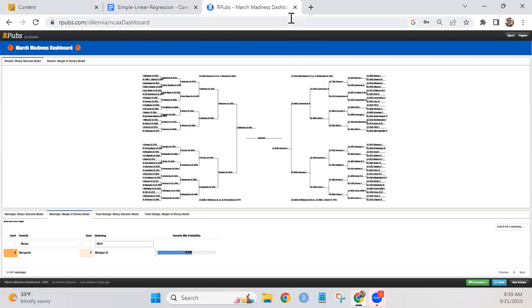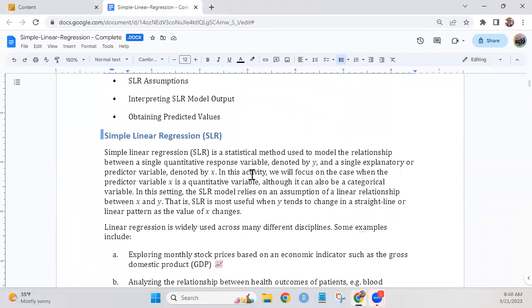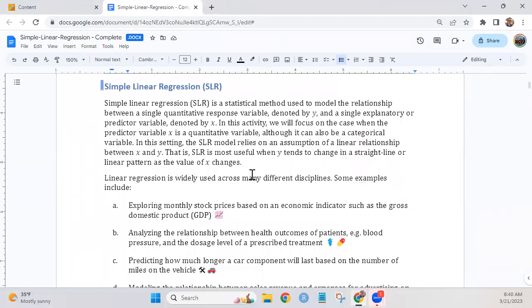That's one fun example of how you can use linear regression or predictive modeling. But of course, there are many other contexts as well, like development of novel treatments in the pharmaceutical industry. Target will use it to try and maximize how much you're spending at their store, right? So lots and lots of different cases where it's useful.